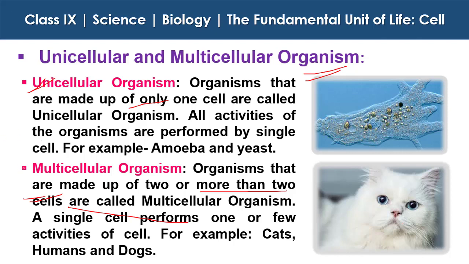In these organisms, cells combine to form tissue, tissue combines to form organs, organs combine to form organ systems, and organ systems combine to form an organism. Some examples of multicellular organisms are cats, humans, and dogs.